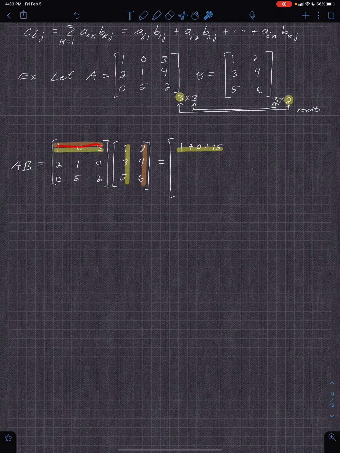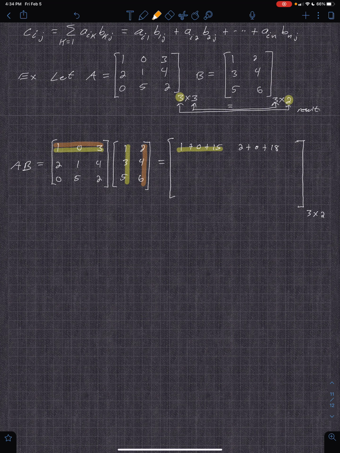So that becomes 2 plus 0 plus 18. And we know our resulting matrix will be a 3 by 2, so I always put that down to remind myself.